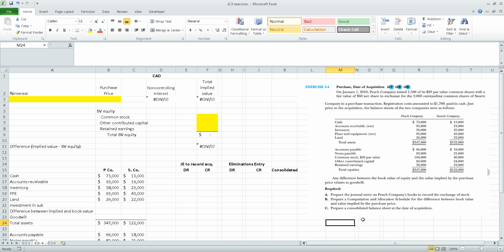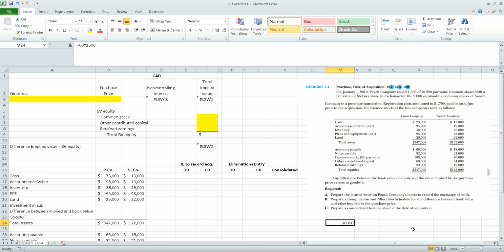So the total amount of consideration was $60 a share times 1,500 shares issued, or $90,000. So Peach Company gave consideration worth $90,000 to the shareholders of Schwartz and received back 2,000 shares of Schwartz stock.